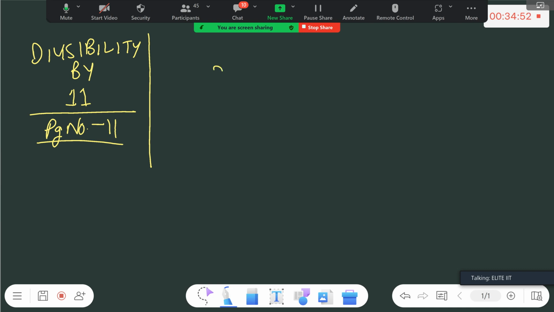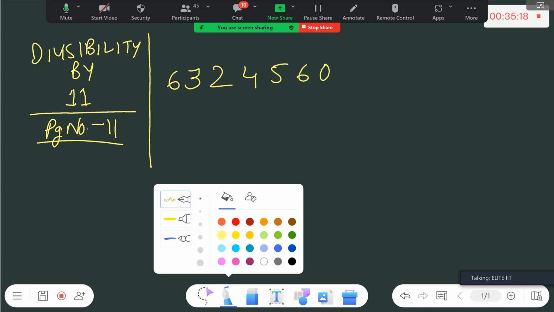If you have a number, suppose 6, 3, 2, 4, 5, 6, 0. Suppose this is your number. How to check whether this number is divisible by 11 or not?